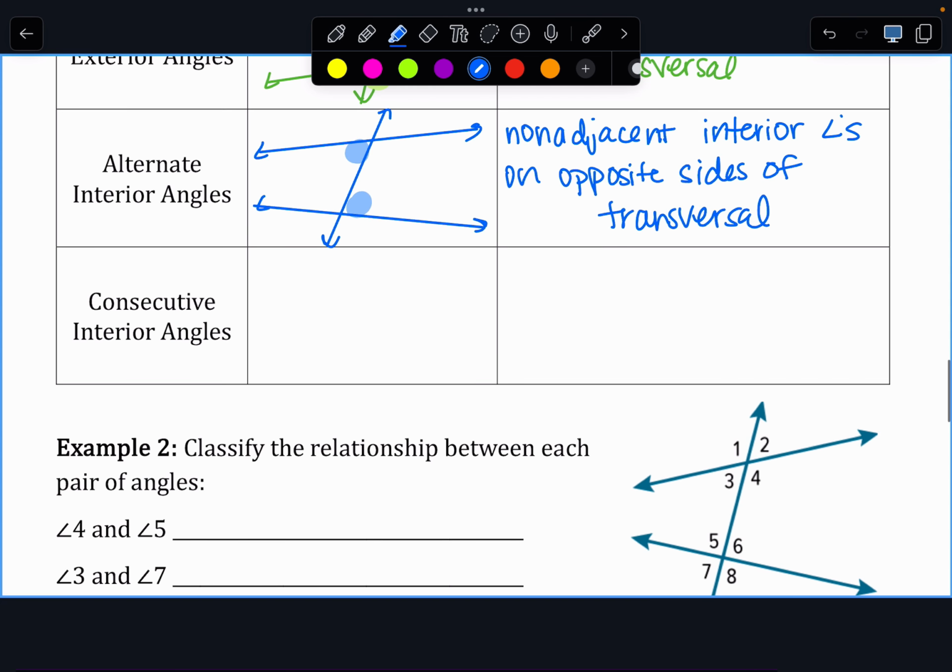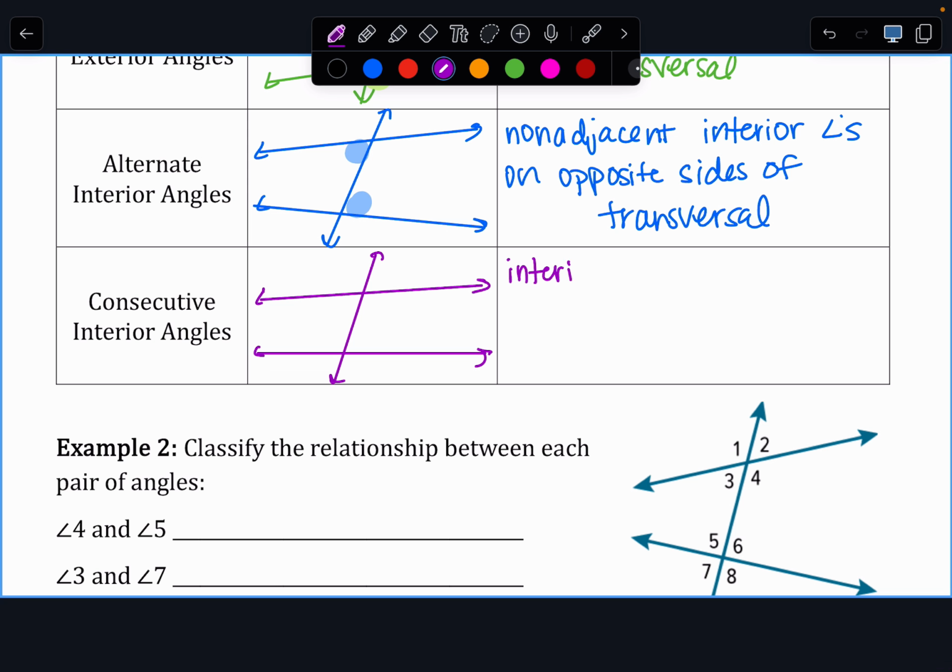And then consecutive interior. Okay, are they on opposite sides of the transversal?